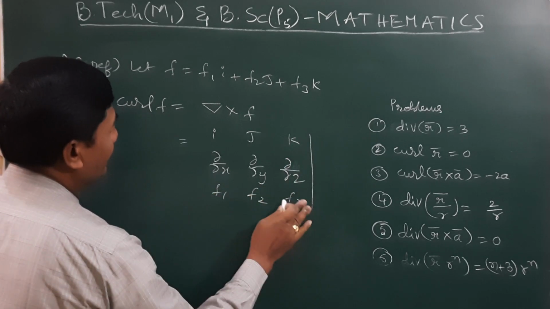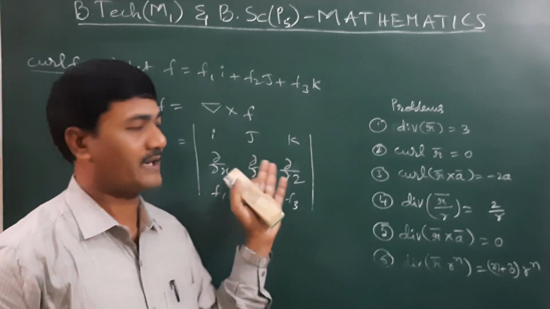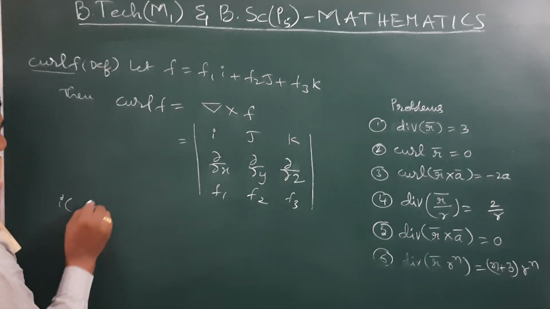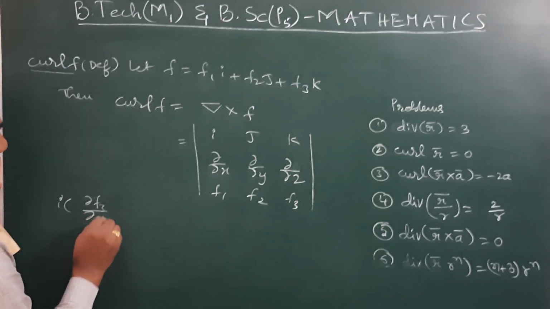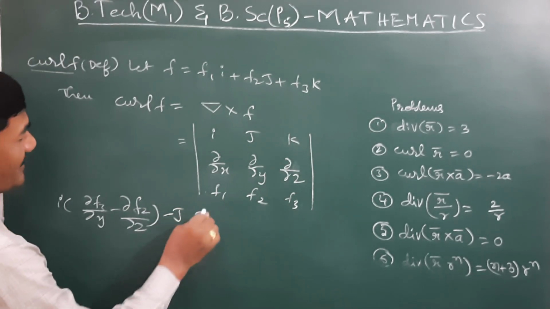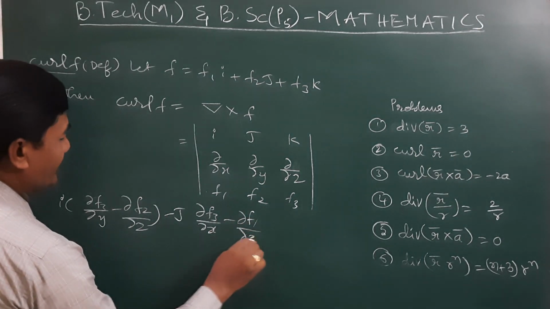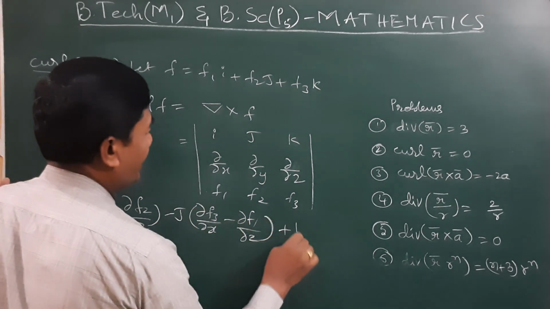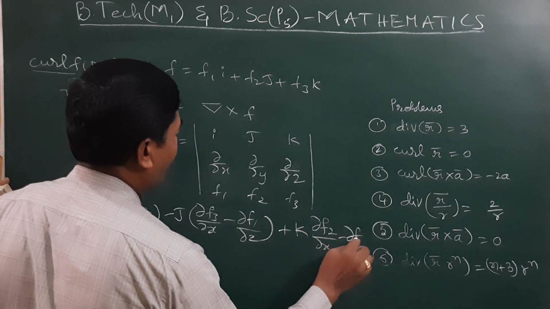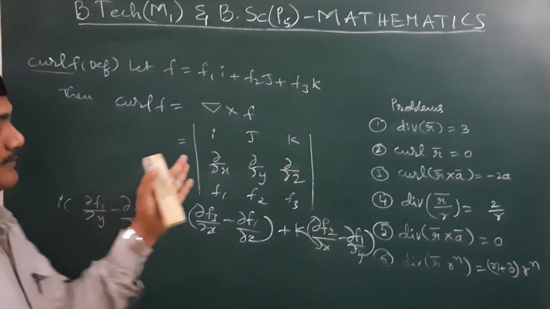That means you already know how to expand the determinant: i times dou f3 by dou y minus dou f2 by dou z, minus j times dou f3 by dou x minus dou f1 by dou z, plus k times dou f2 by dou x minus dou f1 by dou y. This is the expansion of the determinant.